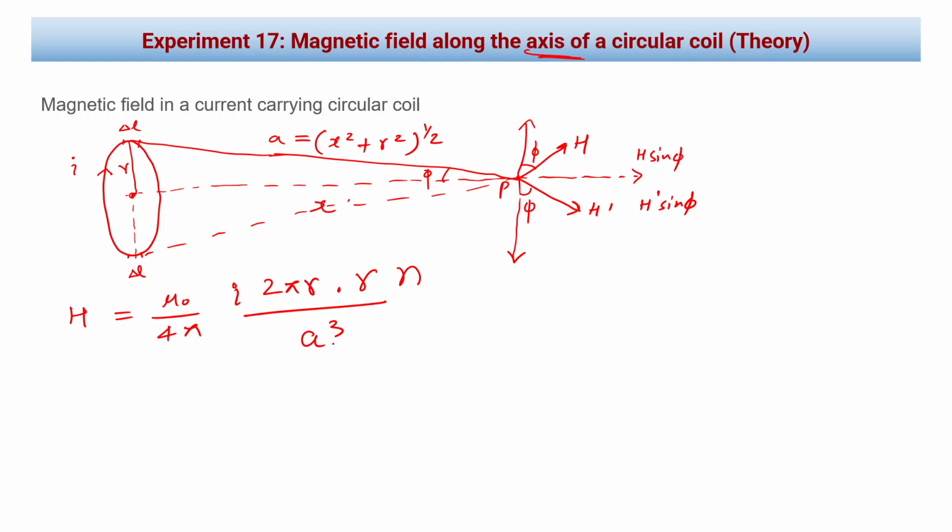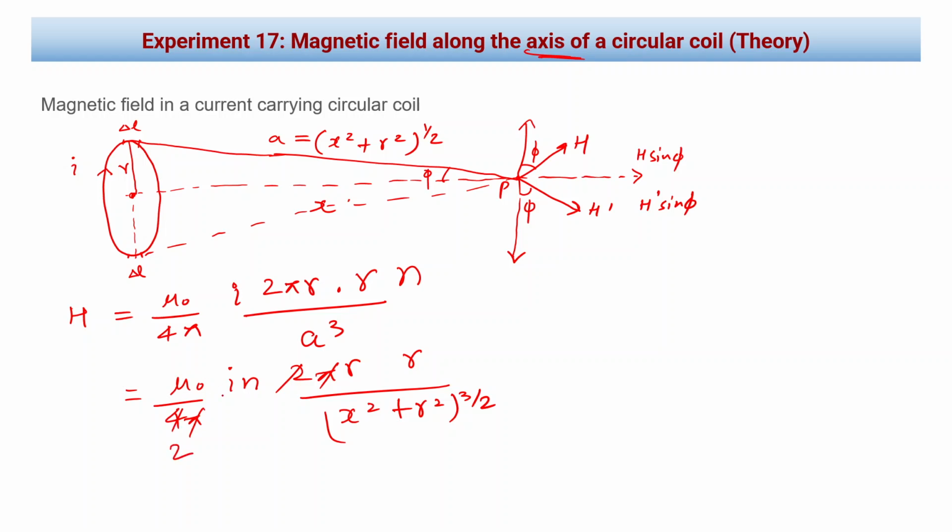And if I only want to write it in terms of x and r, then this will become mu naught over 4 pi I n and 2 pi r divided by a cube, which I can write as (x square plus r square) to the power 3 by 2. As you can see here, we can cancel this also.